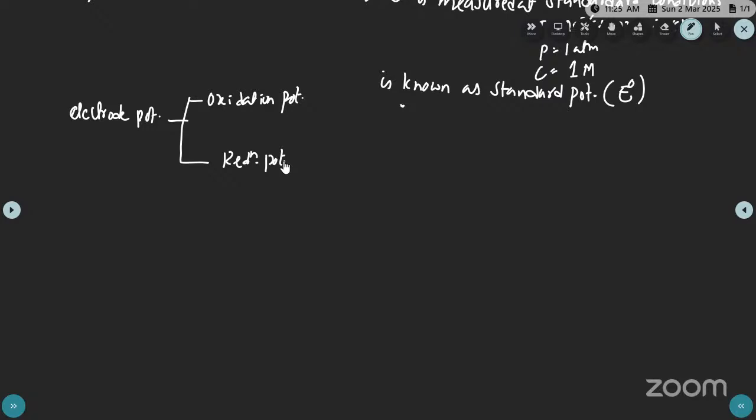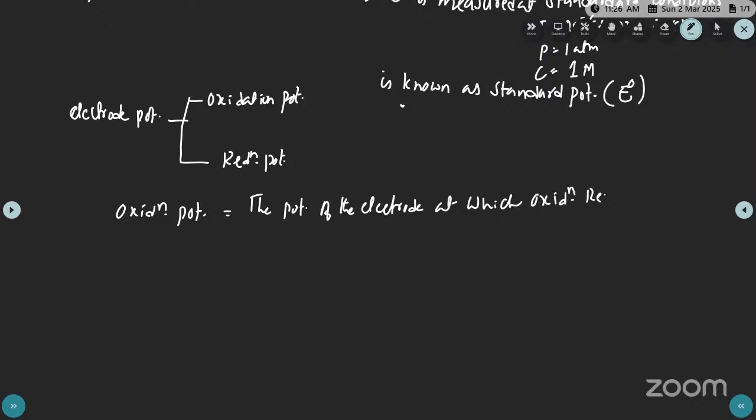Okay, see, like that every electrode has two potentials: oxidation potential and reduction potential. Oxidation potential means the potential of the electrode at which oxidation reaction takes place.